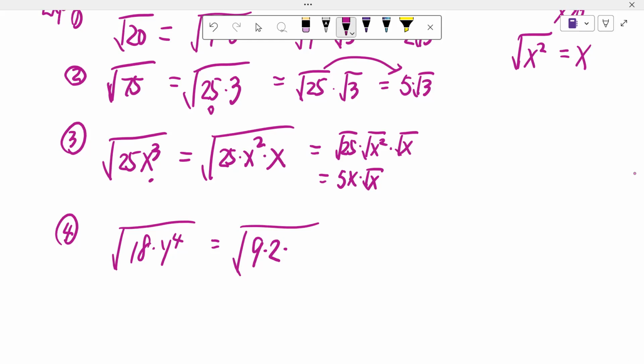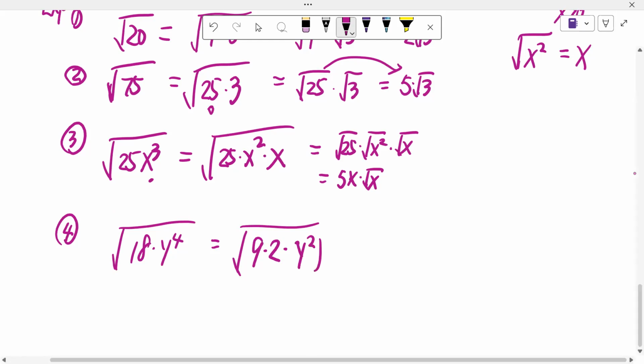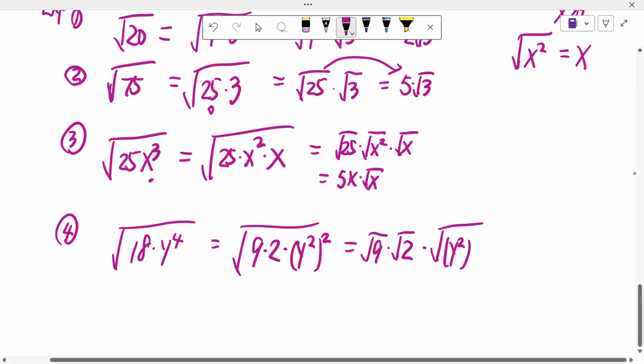And then y to the fourth, we're going to write it as y squared, squared. Now we're going to split it out, right? So 3 different roots: square root of 9 times root of 2 times root of y squared squared. The root and the square cancel each other, leaving y squared.